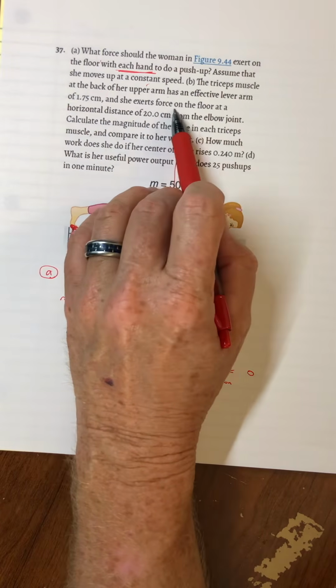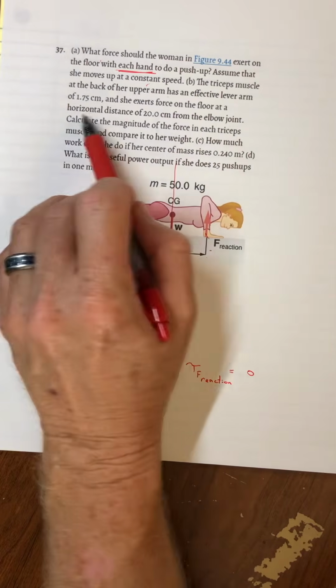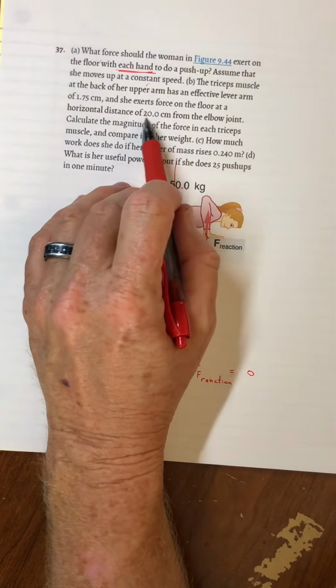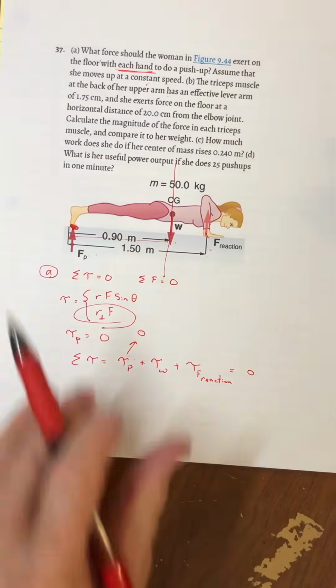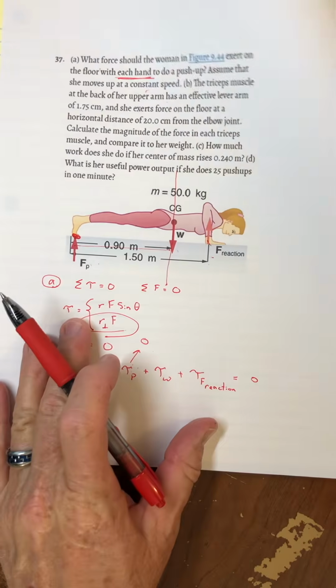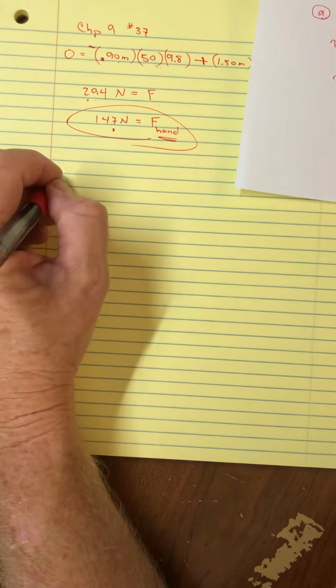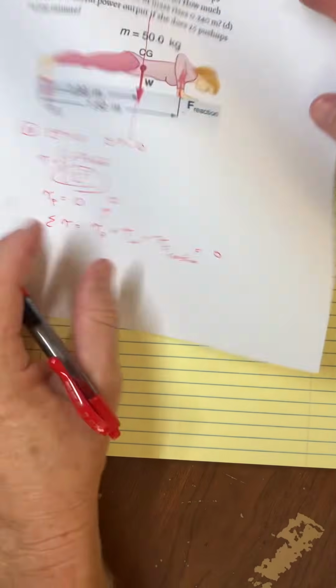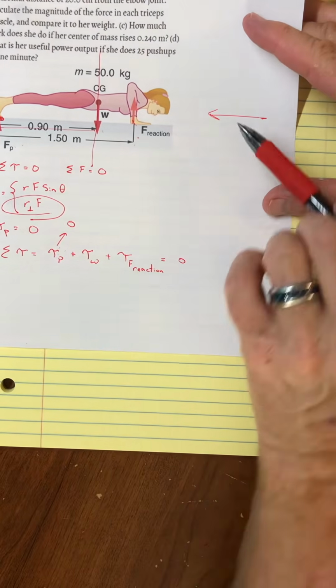And she exerts a force on the floor at a distance of 20 centimeters from her elbow joint. I think in this side picture, it's kind of hard to see. So I'm going to attempt to draw this looking from this side, just to the right of her, and seeing the top of her head.